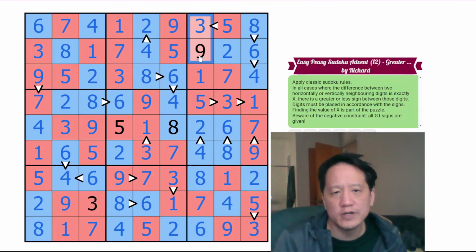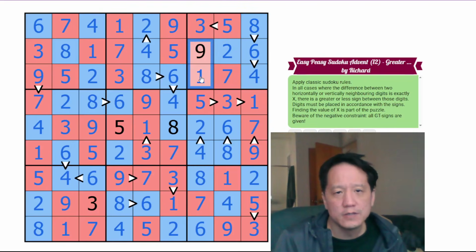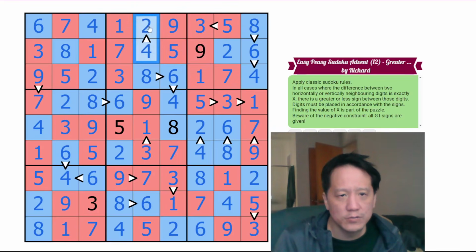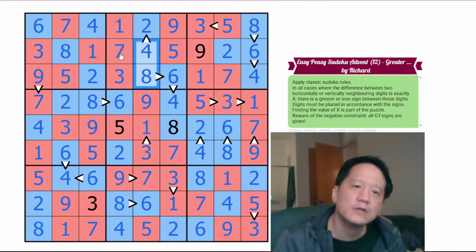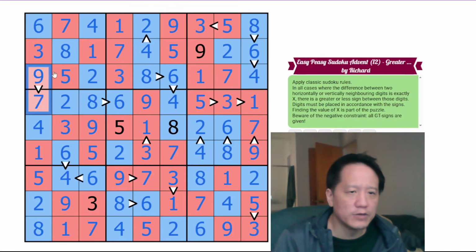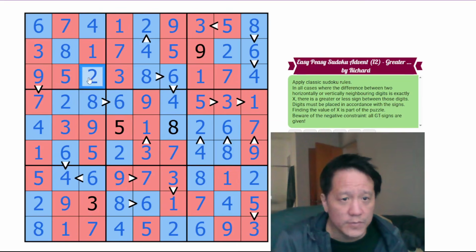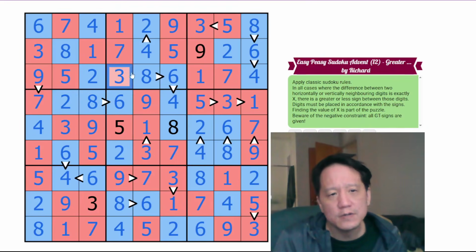This is 4 away, 6 away. Greater than, this is 4 away. 8 away, 6 away, and 4 away. Greater than, 4 away. 4 here, 6 away, 6 away. Not surrounded, 6 away. Greater than. 6, 4. 6, 6. Greater than 4.